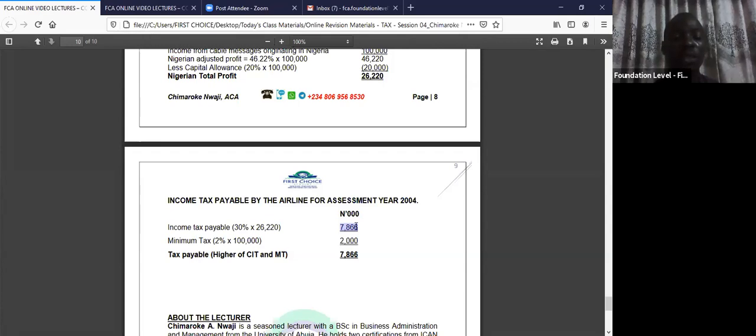So you choose the higher of the two, which is this. So you see, in all these two methods, the FIRS conditions are satisfied. But when they are not satisfied, FIRS will give you a thought to be used. They might also ask you in this situation occurred, not giving you a question to solve.